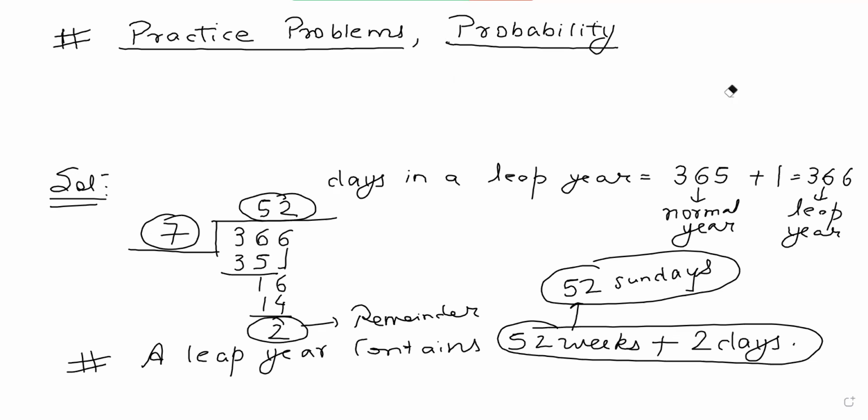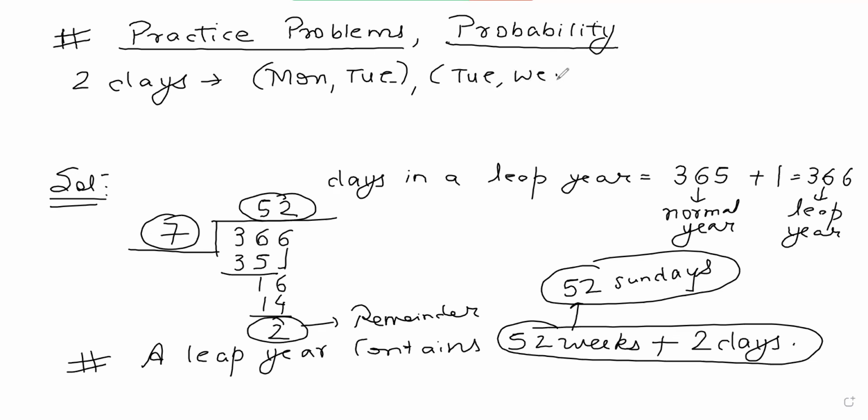Now we have 2 extra days with us. These 2 extra days can be Monday, Tuesday. They can be Tuesday, Wednesday. They can be Wednesday, Thursday. They have to be consecutive, by the way.